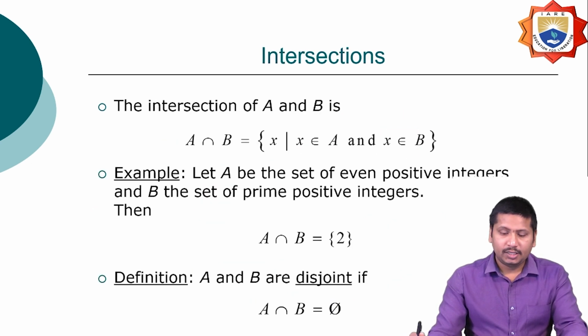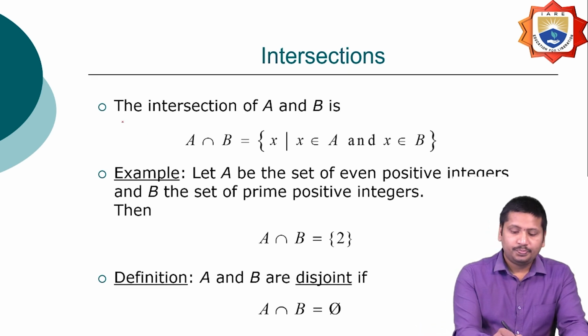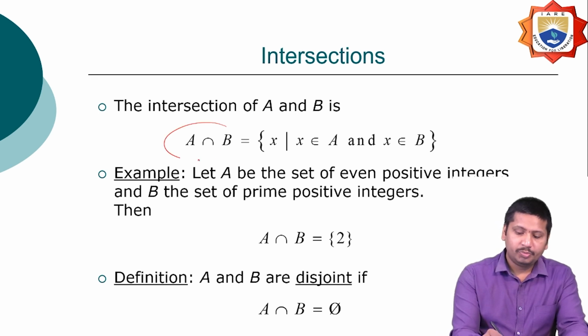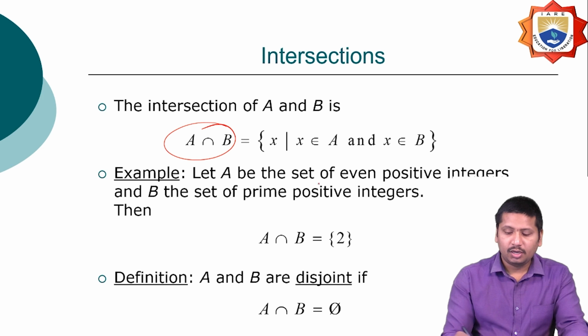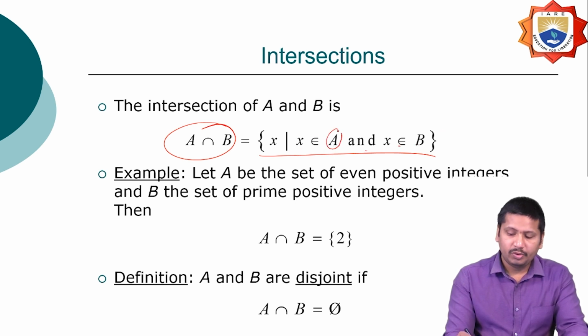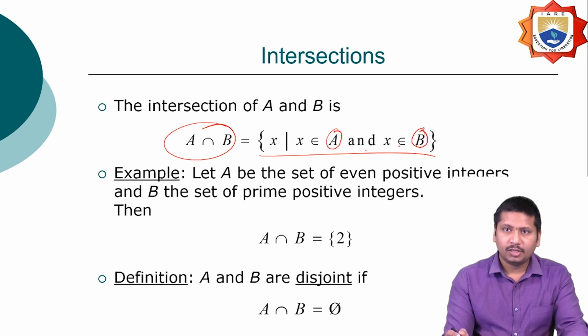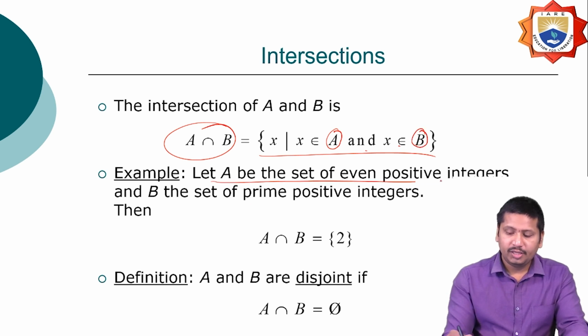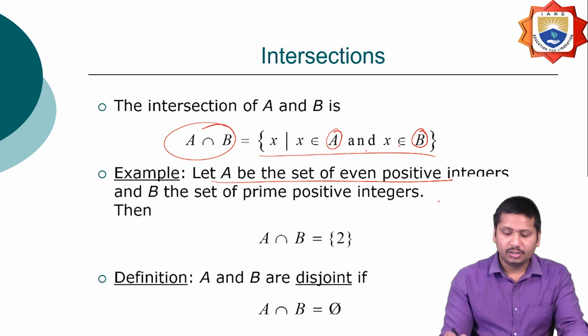And the next one is intersection. The intersection of two sets is written in set builder form as X such that X belongs to A and X belongs to B. That means X should be available in both set A and set B. For example, let A be the set of even positive integers and B the set of prime positive integers.